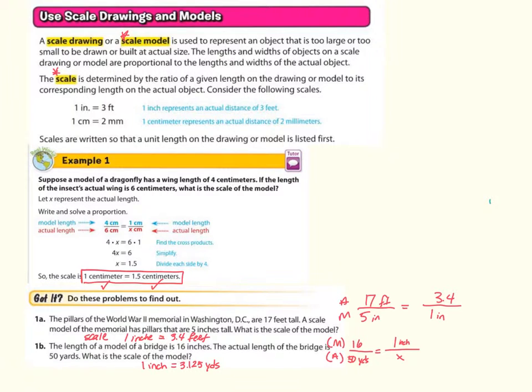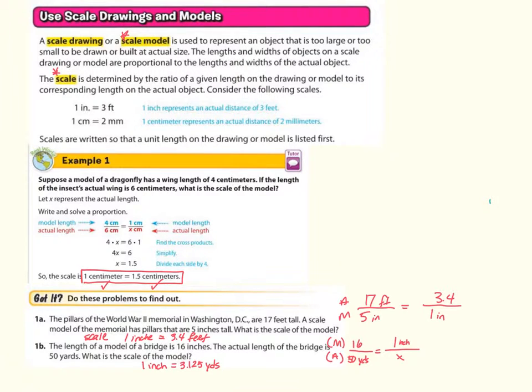So 50 yards is the actual size, so your scale that you should have written as your answer would be 1 inch equals 3.125 yards. If you got a fraction in your calculator, 3 1/8, that answer would be good too.